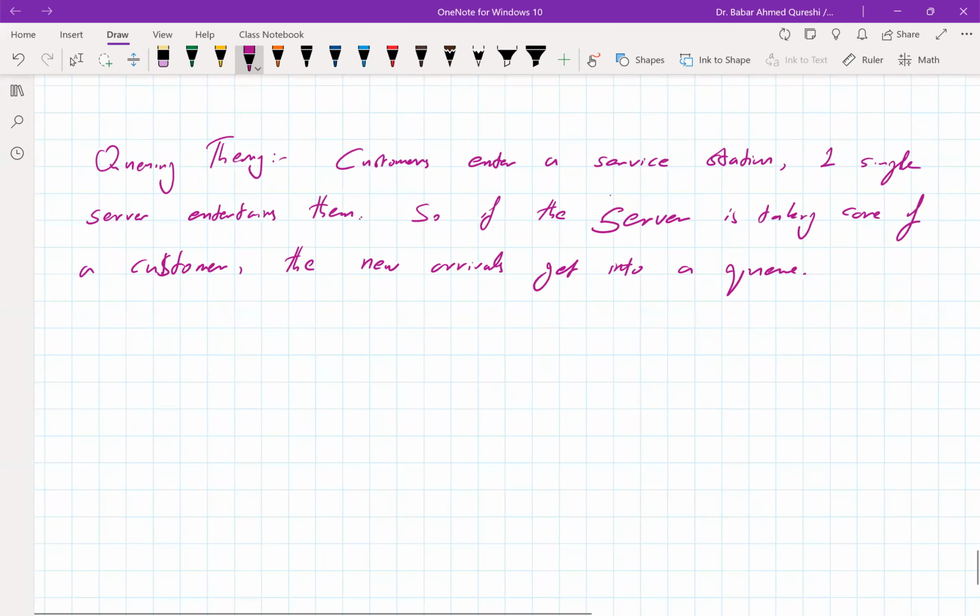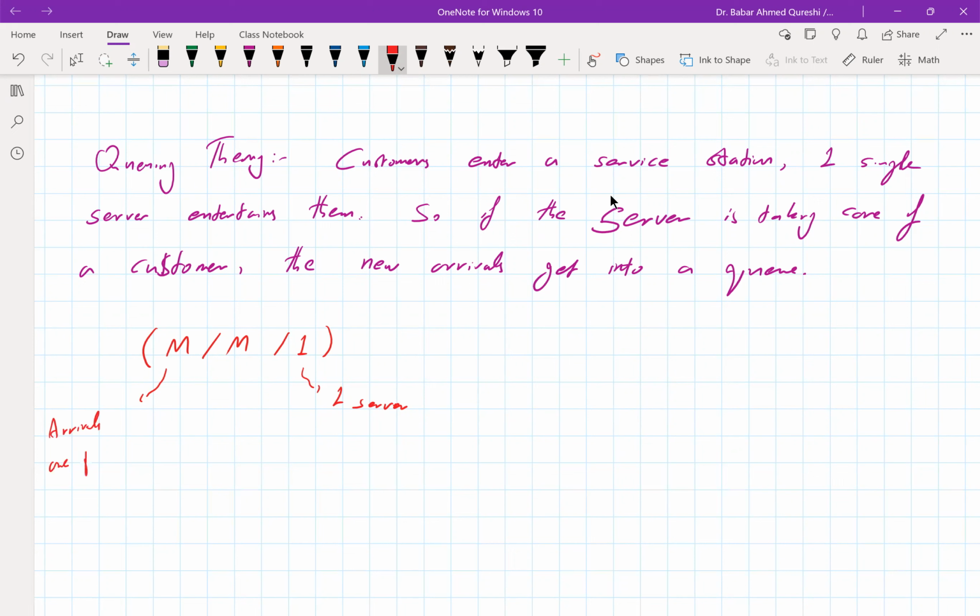Now, there are various conditions through which you describe what kind of process it is. So when you write M/M/1, it means that you have one server. And this means that the customers' arrivals are Poisson.